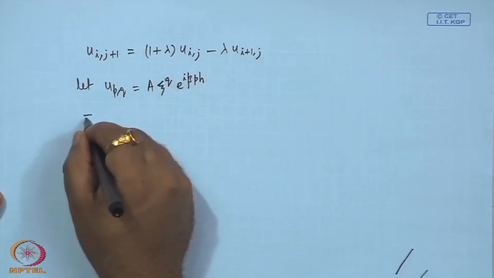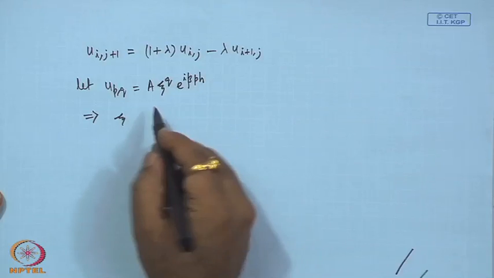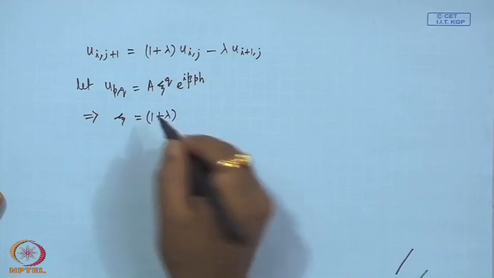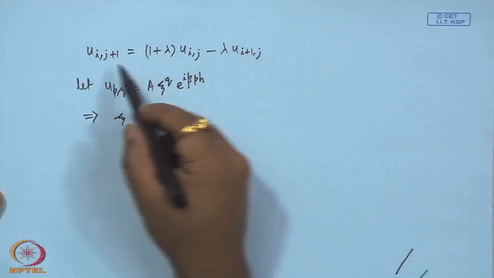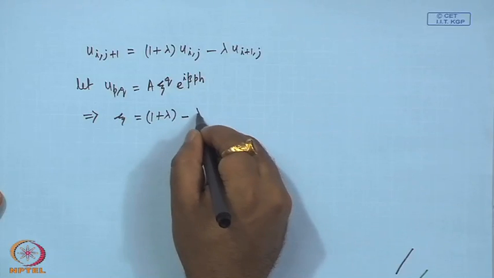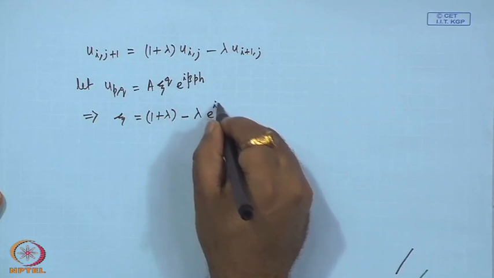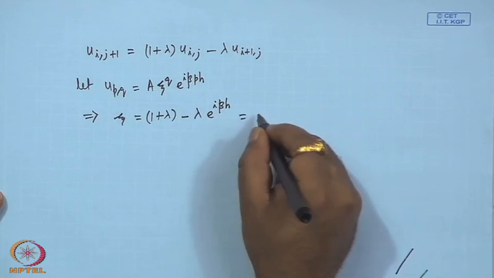If we substitute in the above equation, we get zeta power p plus 1; zeta power p gets cancelled throughout. So, we get zeta equals 1 plus lambda minus lambda e to the power i beta h. So, we get one excess here.